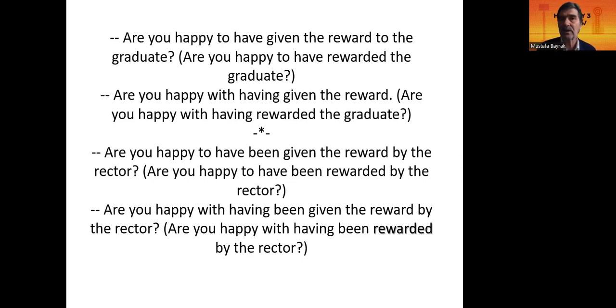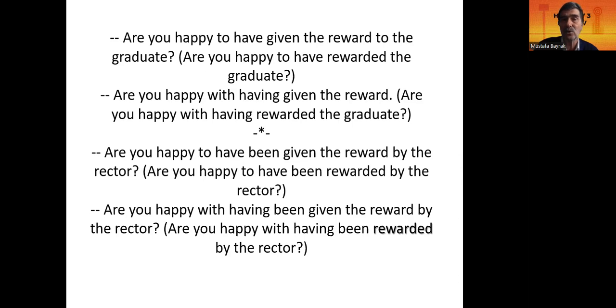Yes, I am happy to have given the reward or to have rewarded the graduate. Are you happy with? Again, with. Are you happy to? Are you happy with? So we use gerund. Are you happy with having given? In the first sentence, it is adjective to do. Are you happy to? Yes.